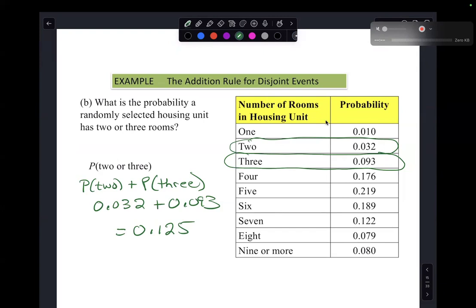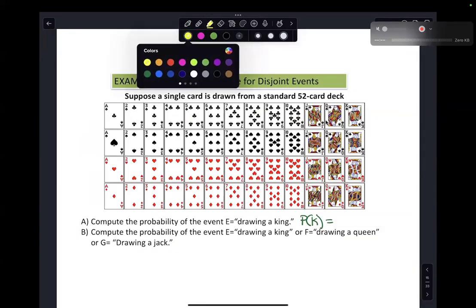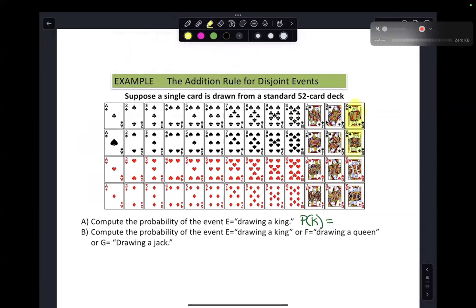All right, I'm going to complicate it just slightly after we do this. We want to know the probability of drawing a king first. Then we want to know the probability of drawing a king or a queen or a jack. So the probability of just a king, I'm going to put a K and use a highlighter because I like highlighters. The probability of a king is just these four.